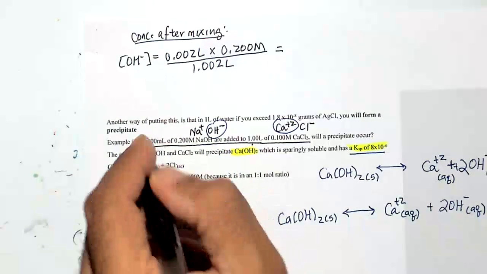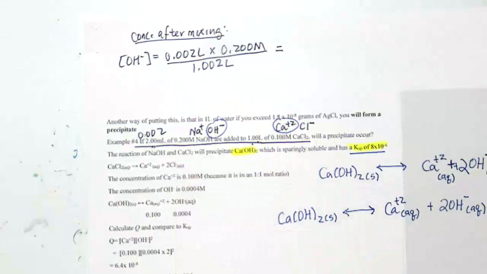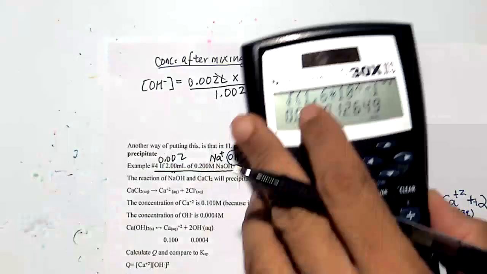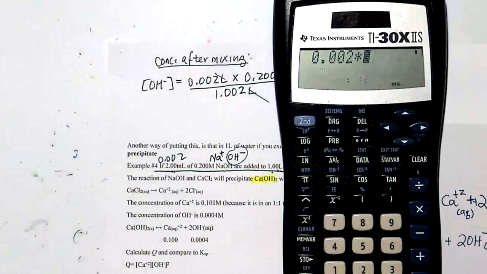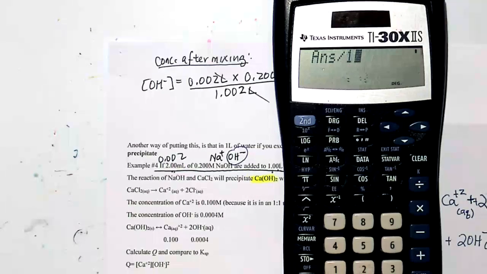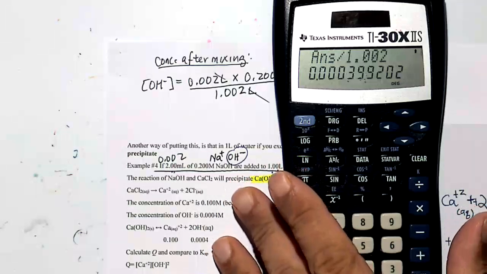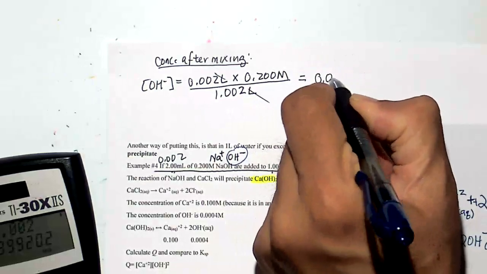Everyone see that? 0.002 liters plus 1 liter is 1.002 liters, the total volume after mixing, so the liters cancel. What is this on our calculator? I'm getting about 0.000399 molar. That's the concentration of OH minus after we mix.